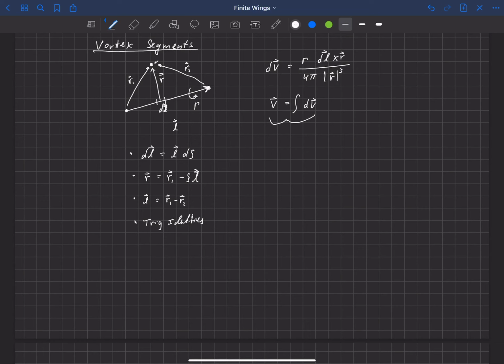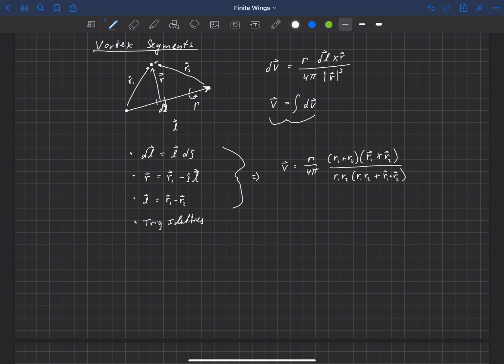When we apply these identities and definitions, what we get is that the velocity induced at that point by the whole vortex segment is equal to gamma over 4 pi times the magnitudes r1 plus r2, multiplied by the vector r1 cross r2, divided by the magnitudes r1 times r2, plus the vectors r1 dot r2.